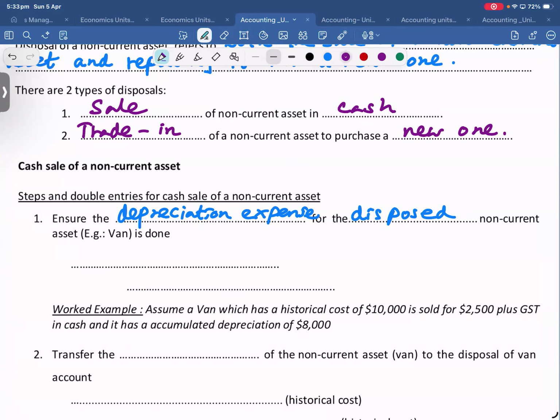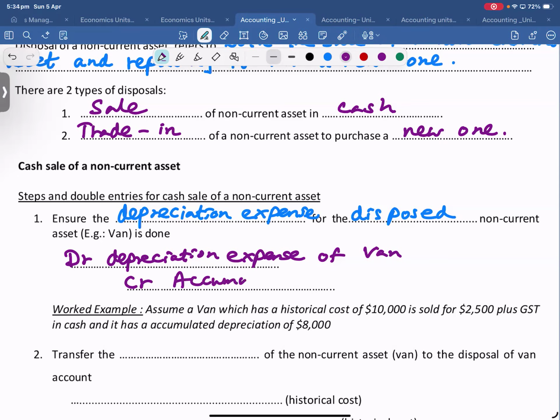So you debit the depreciation expense of van, assuming this is a van, and credit accumulated depreciation of van.